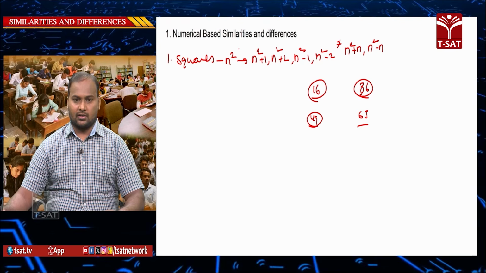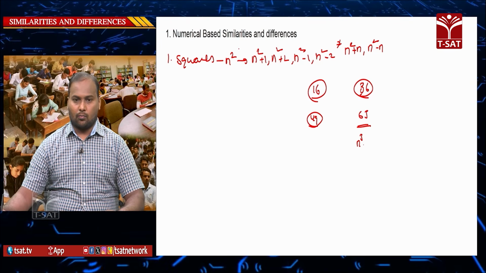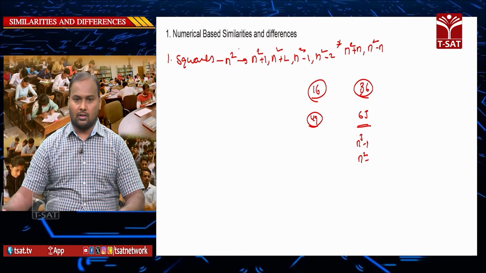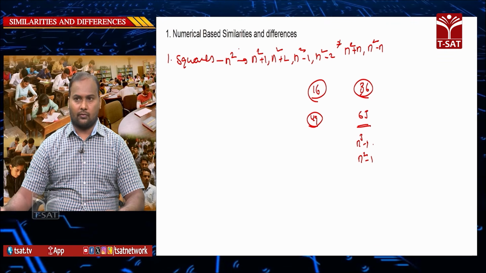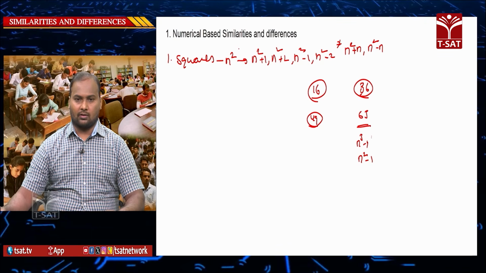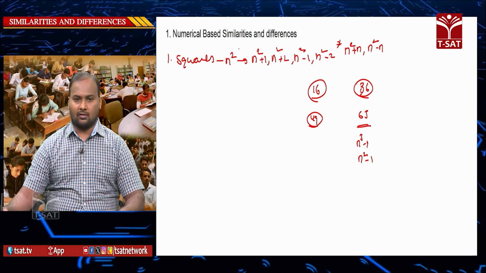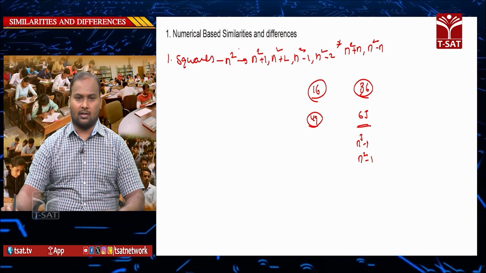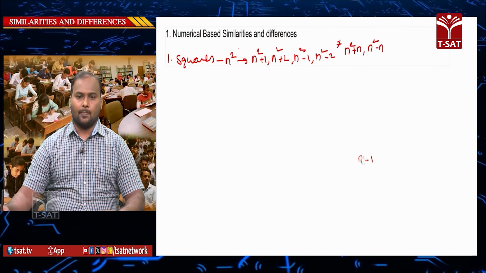But once you come to 63, it is in the format of n square minus 1. Because it is in that format, this is completely different, and the remaining 3, that is 16, 36 and 49, are completely similar. So this is how similarities and differences can be expected in the exam.